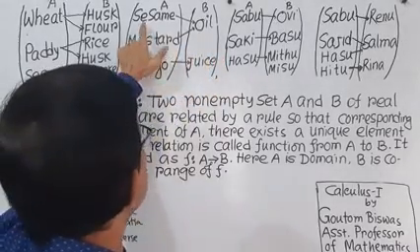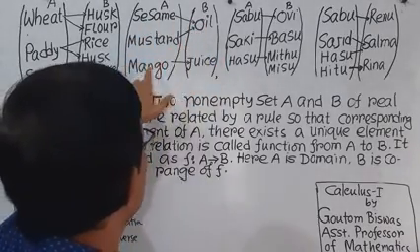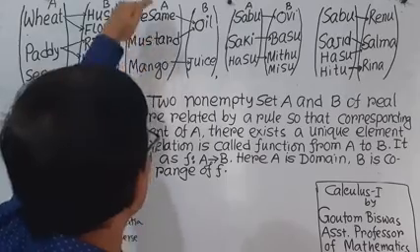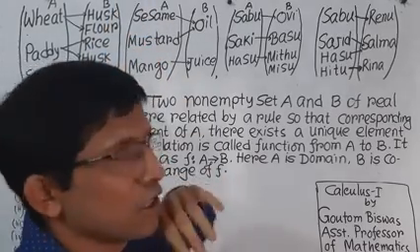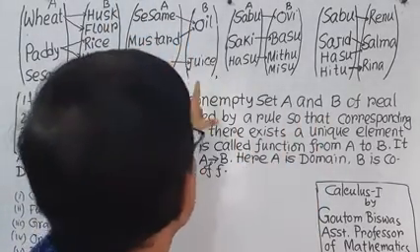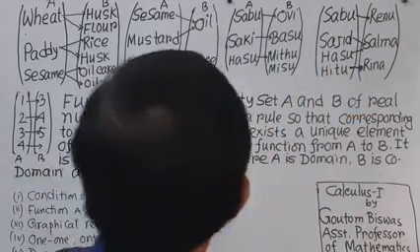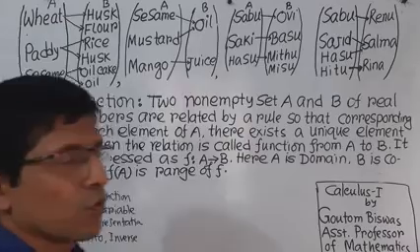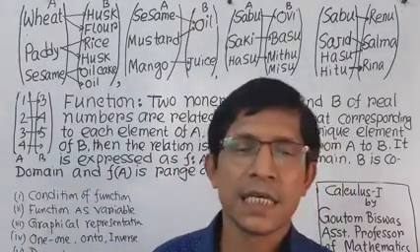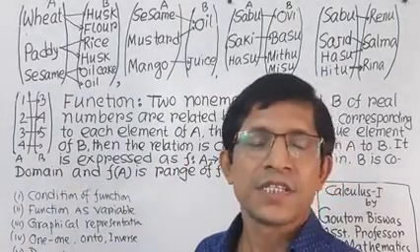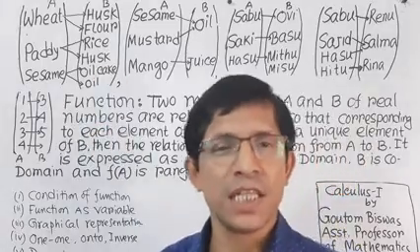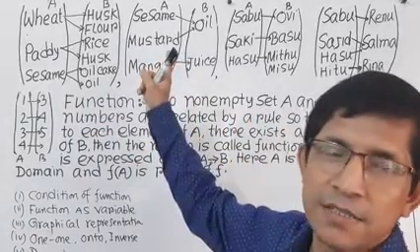Why? Sesame oil, mustard oil, mango juice. Here each element of the first set relates to only one unique element of the second set. So we can easily define such a special type of relation as a function.